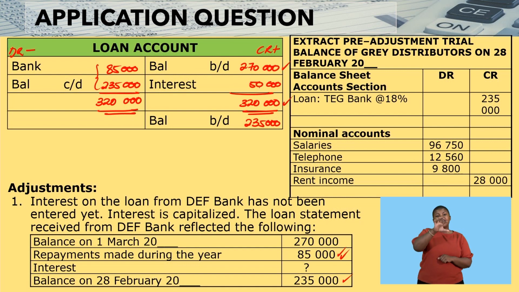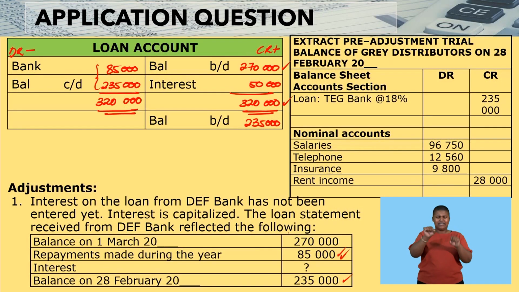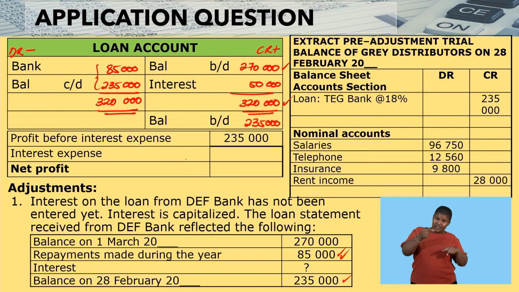That 50,000 therefore becomes my interest expense. All right, very important that when you want to get your interest expense and you are given the statement from the bank, you open a loan account.